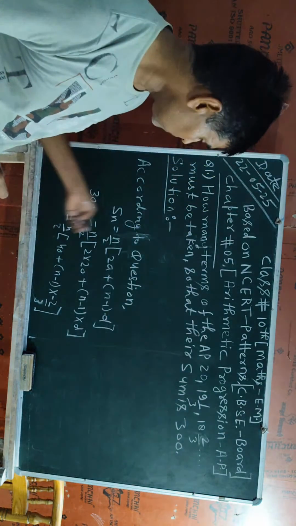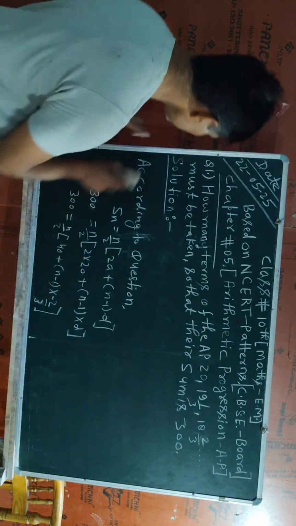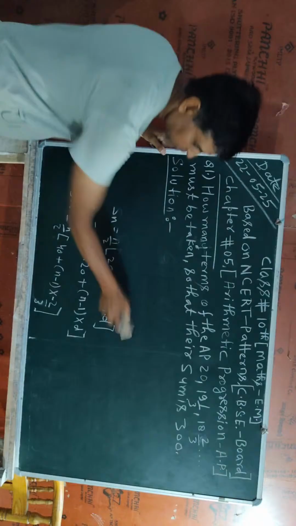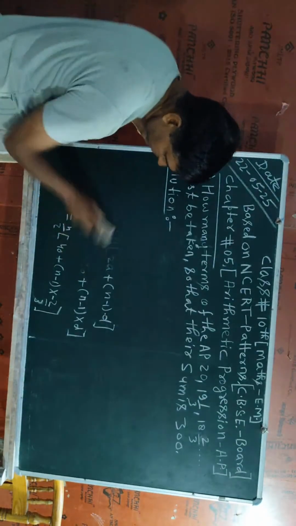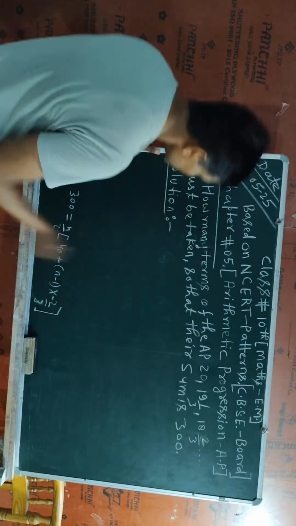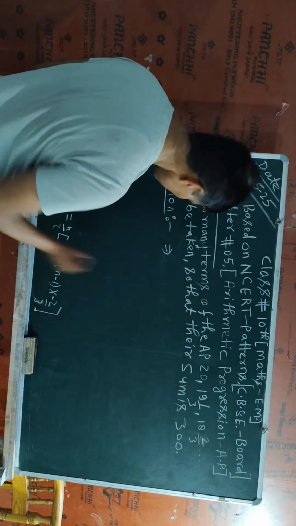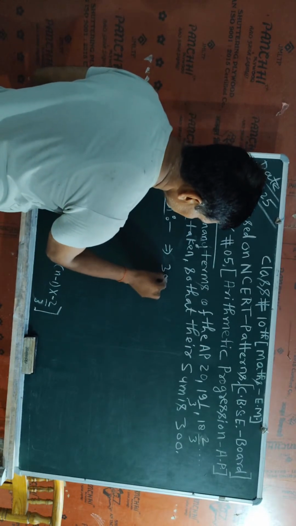Okay, student, now further I am going to simplify. So the above data I will also remove. After erasing, I will simplify to get this result. So here I am going to write 300.